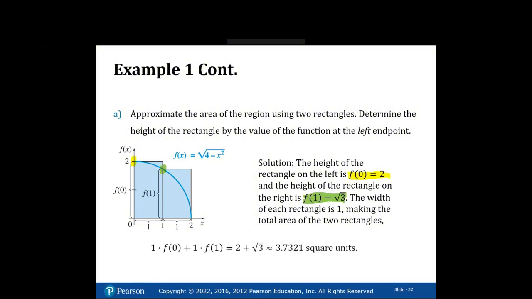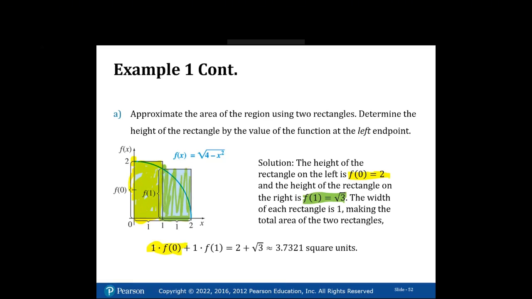So then I take 1 times the height, f of 0, and that gives me this yellow area, right? So I get this rectangle. Length times width. And then to get the green one, I take 1, which is our width here, and then I need to multiply by the height.